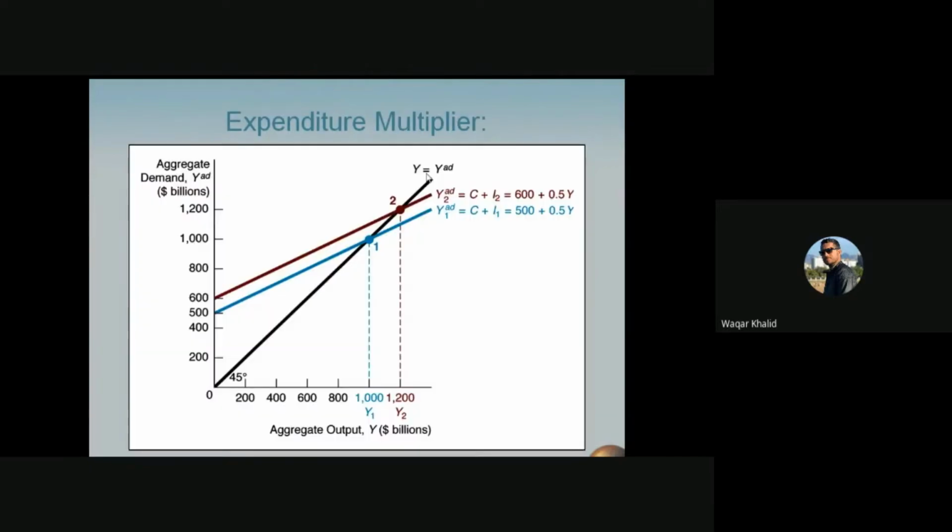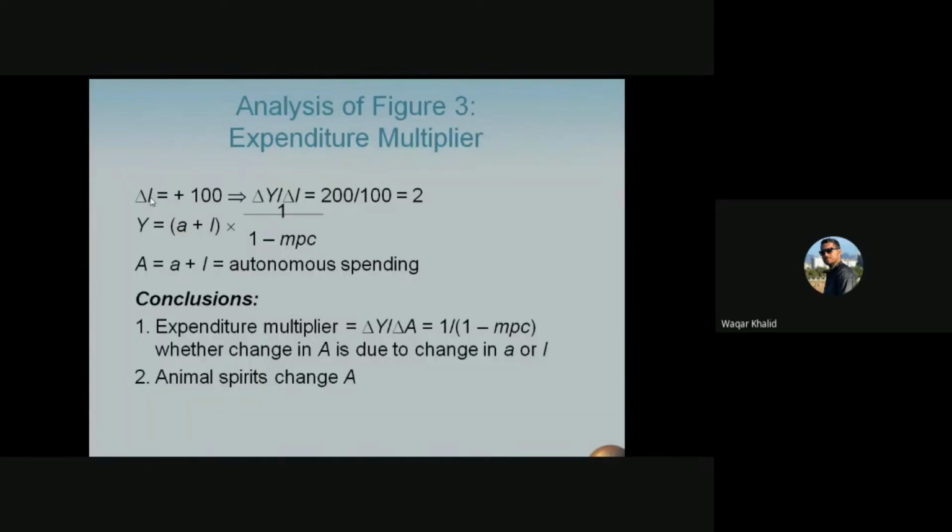Look at here. This is the figure. You know that change in I, it means change in investment. This is equal to 100. Look at the ratio, change in Y divided by change in I. This ratio is known as the expenditure multiplier. Change in Y means change in aggregate output.